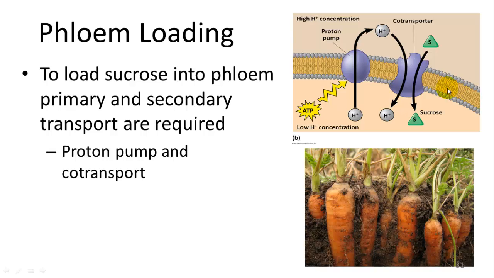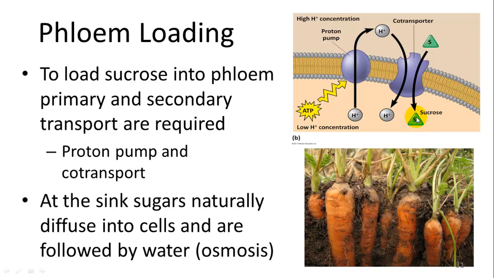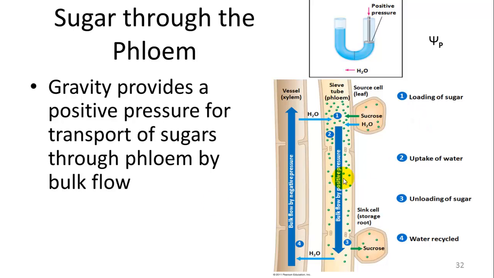The first step is called phloem loading, and this requires the proton pump and then co-transport of sucrose. And then by this method, you can get a lot of sucrose into the phloem.